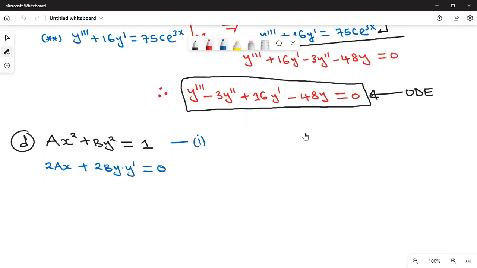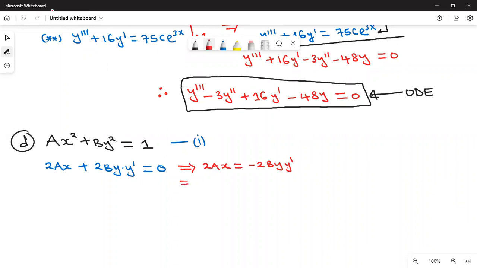And so from this equation, you realize that, of course, the 2 will cancel, or simply write 2ax is equal to negative 2by times y prime. Or let me write along another line.